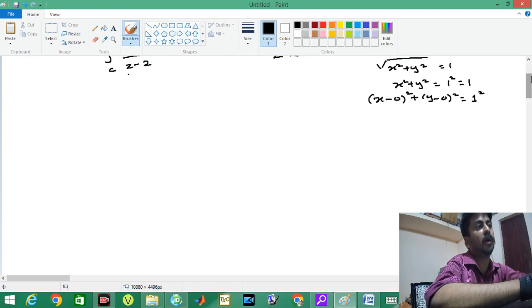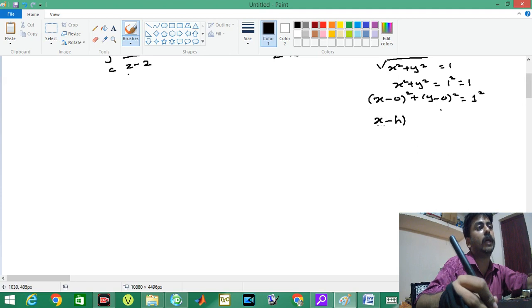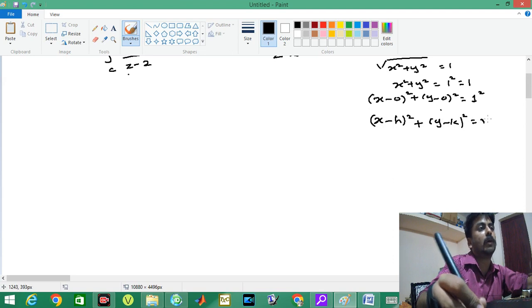Why have I written it like this? Because I want to find the center and radius. It looks like x minus h the whole square plus y minus k the whole square equals r square.